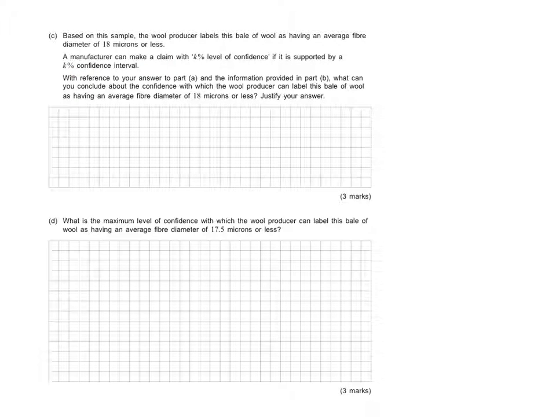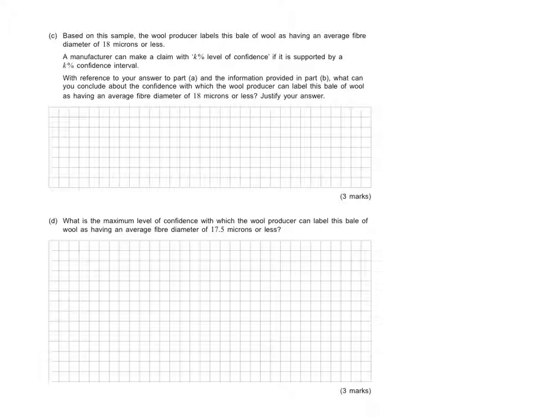With reference to your answers to part A and the information provided in part B, what can you conclude about the confidence with which the wool producer can label this bale of wool as having an average fiber diameter of 18 microns or less? Justify your answer.